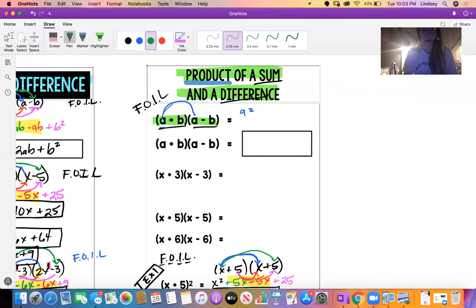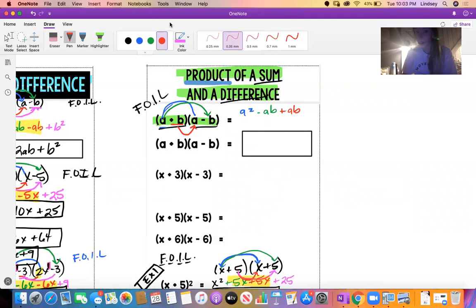Okay. Outer, A times a negative B. A times a negative B is going to give me negative AB. Then I have inner. So I have a positive B times a positive A. So that's going to be positive AB.